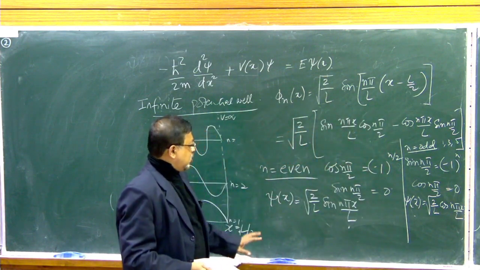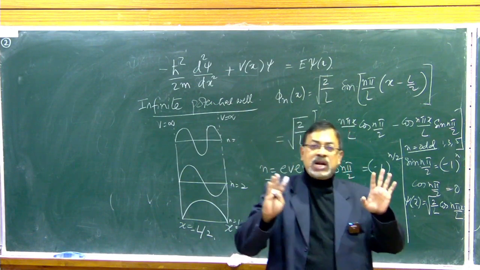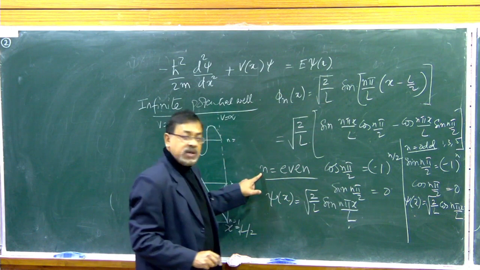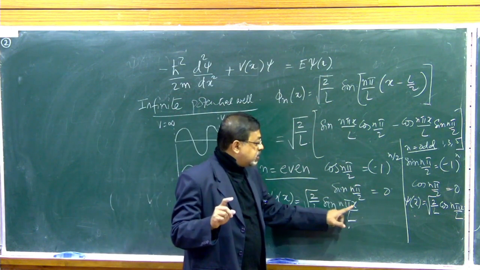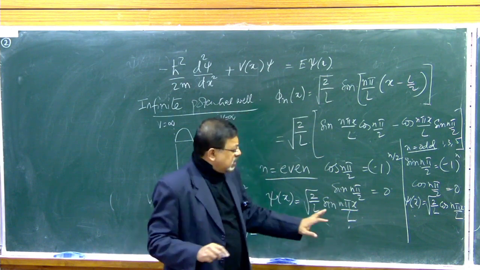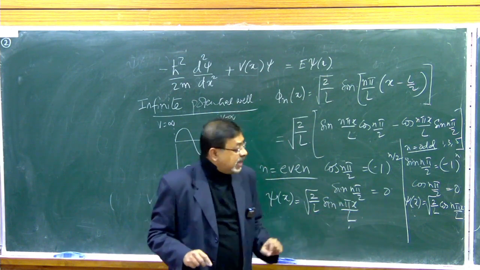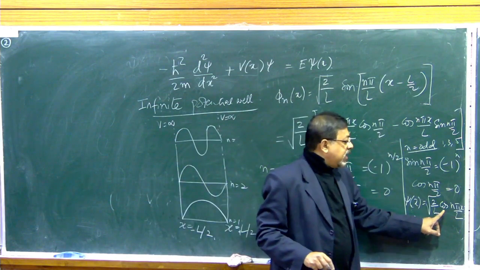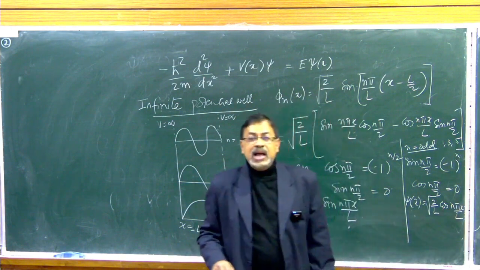So now this gives you two classes of solution. One for n equal to even, which is like the normal one: sine 2 pi x by L, sine 4 pi x by L, sine 6 pi x by L. Whereas for n equal to odd, it will be root over 2 by L cosine pi x by L, cosine 3 pi x by L, and so on and so forth.